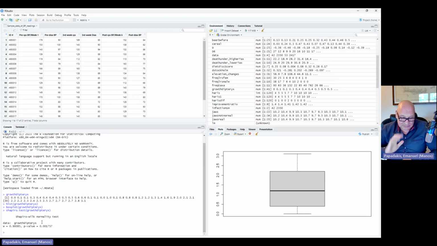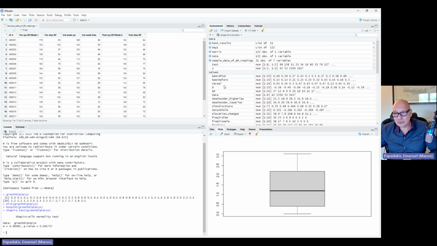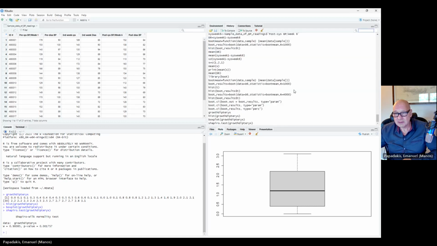But here, the case is very different, so you can't do that. So you have to use the bootstrap commands, and the bootstrap commands, if I look at my history here, look the following. So I create the boot min.